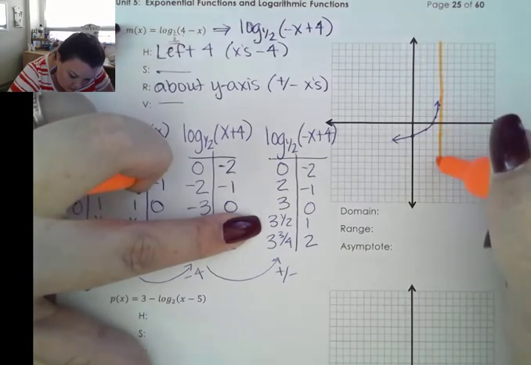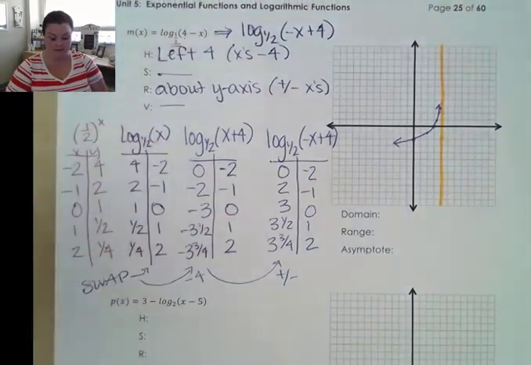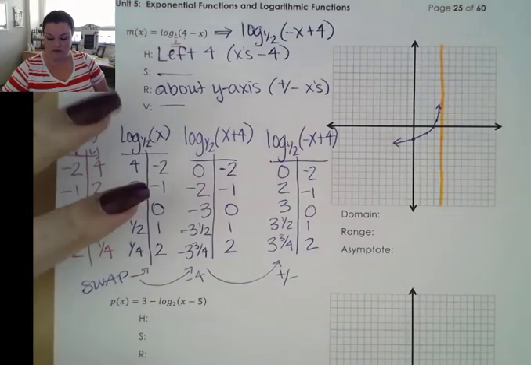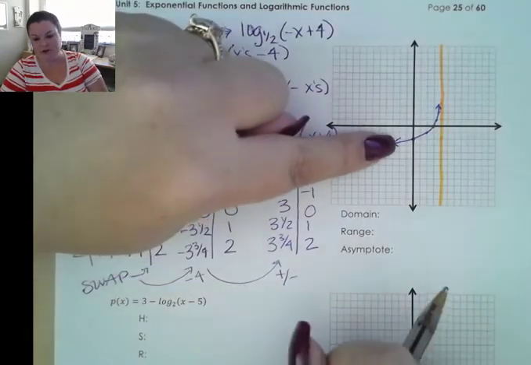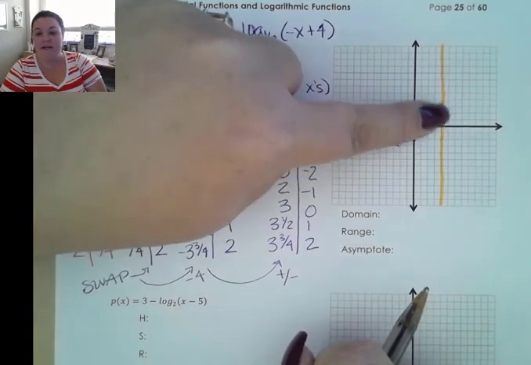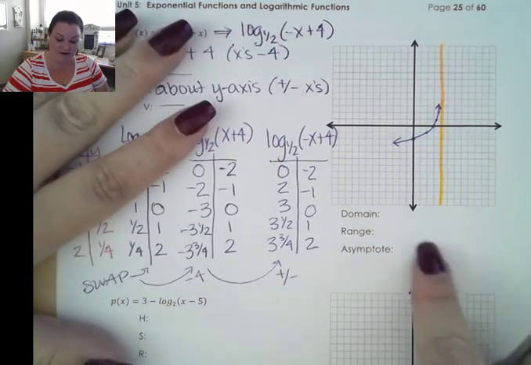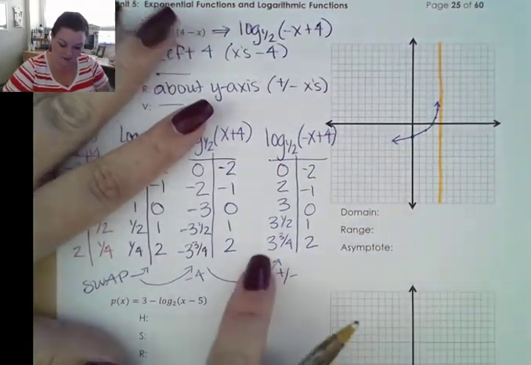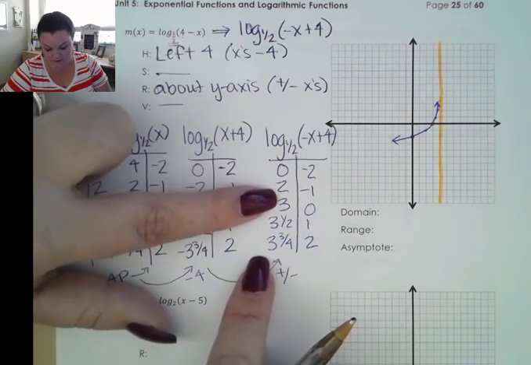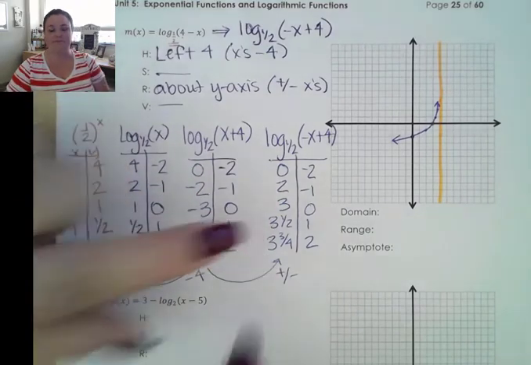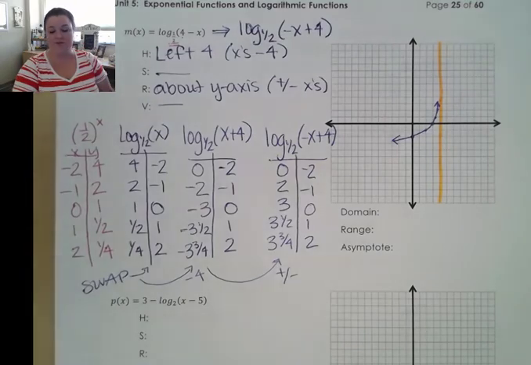We have a vertical asymptote. So you can think of these points as your car. You're driving to avoid hitting a wall, and you just have to figure out where that wall is. So notice it's going from 0 to 2 to 3 to 3.5 to 3 3/4. It's going to start getting closer, closer, closer to 4.